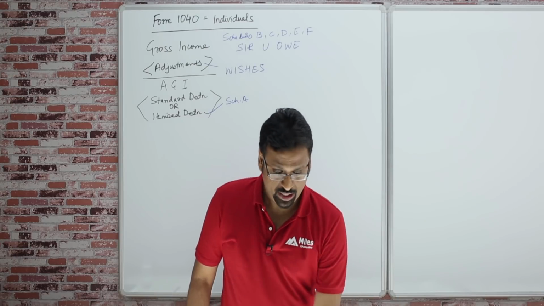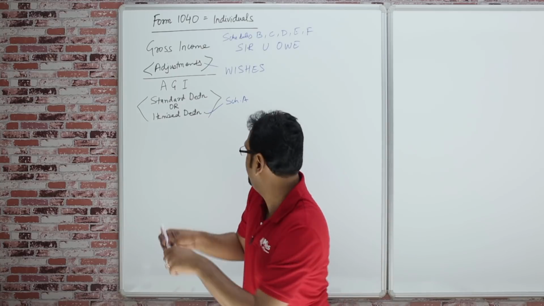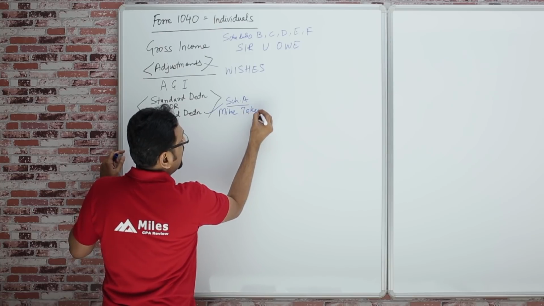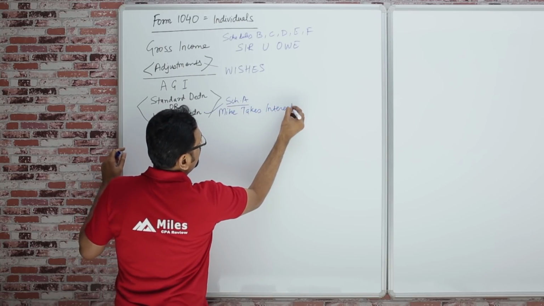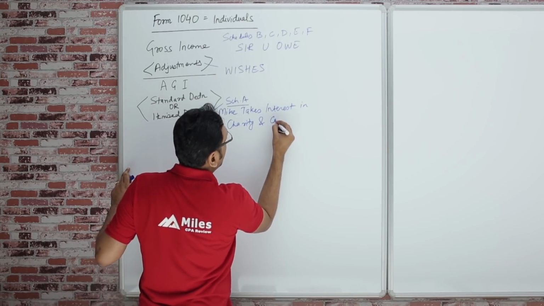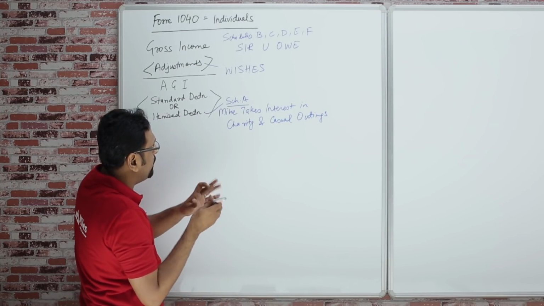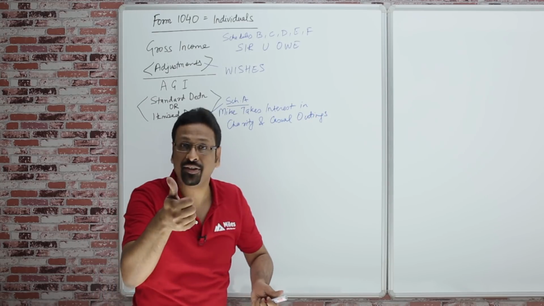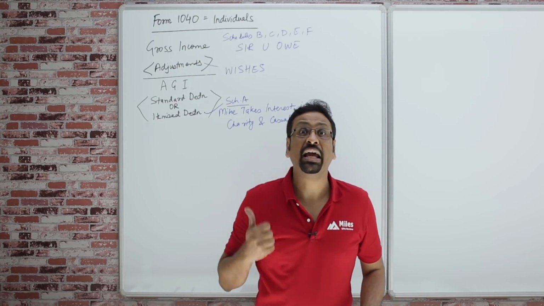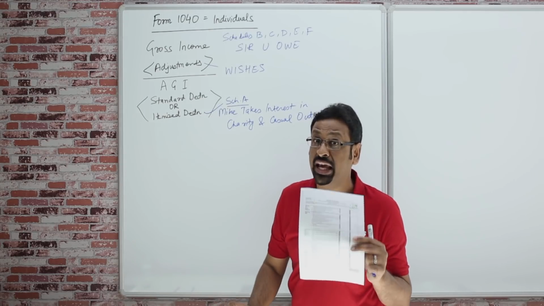And our mnemonic for Schedule A, itemized deductions, is: Mike takes interest in charity and casual outings. So if you realize, we're talking about 6 items here. Mike takes interest in charity and casual outings. So that's all the deductions on Schedule A.